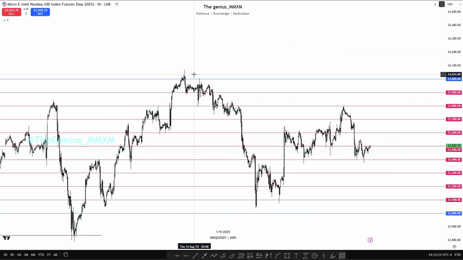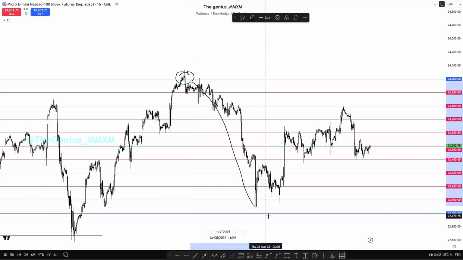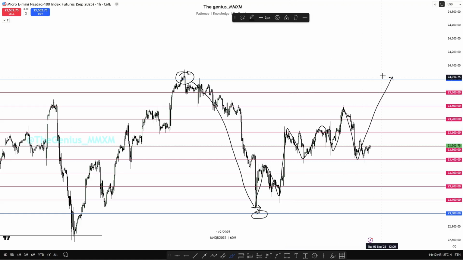We also see this price level. This is the current all-time high of the Nasdaq that formed around the 24,000 price level. But we failed to find support here and slammed lower, almost to the 23,000 price level. We found support here and are now trying to go higher again to the 24,000 level.